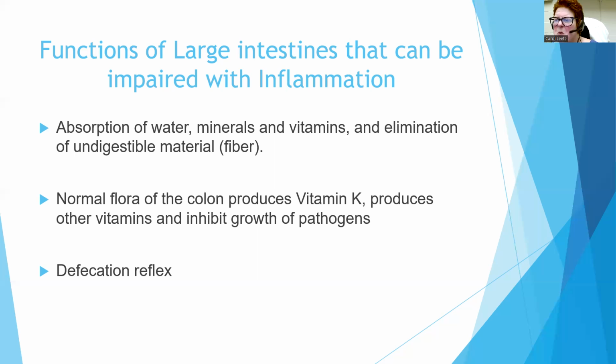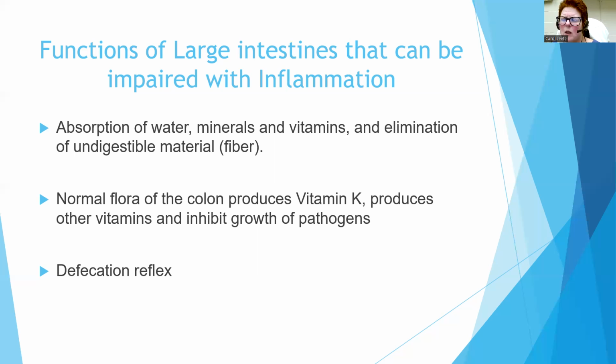Crohn's is a different animal. We'll go into that when we do the exemplars. And then the defecation reflex, to be able to defecate and get rid of the feces that's in the colon. That reflex with ulcerative colitis and Crohn's, they have multiple bowel movements and watery diarrhea stools.